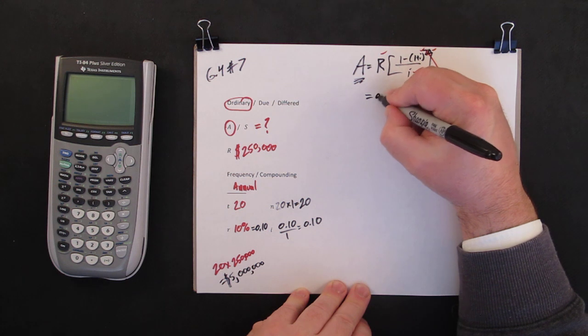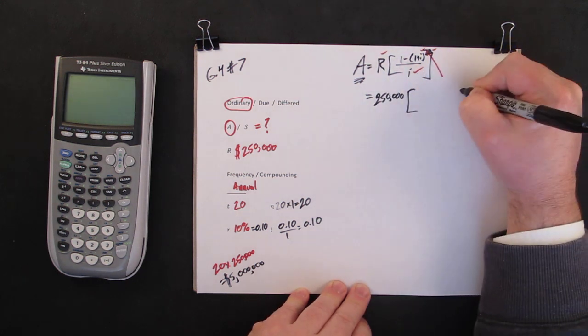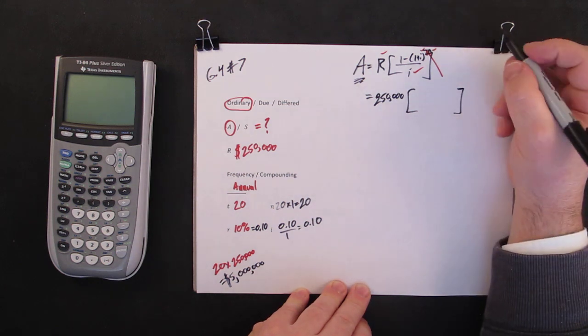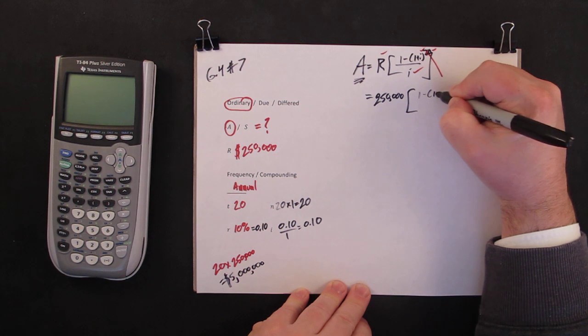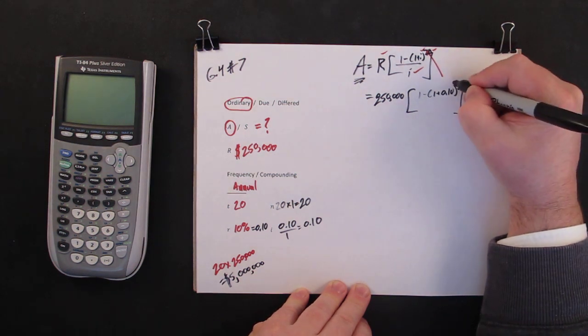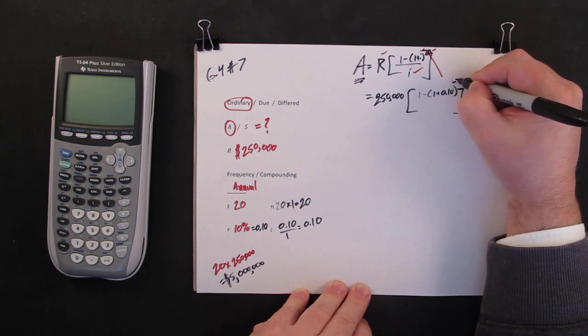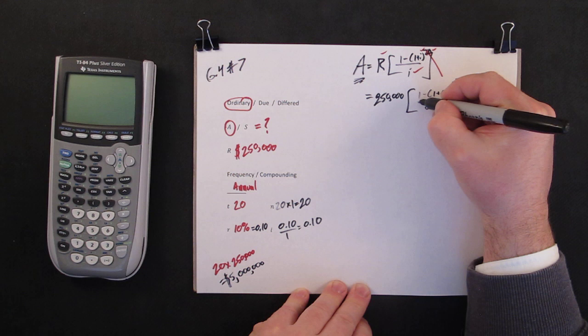So just plug in, evaluate, so 250,000 times this growth factor. Power is okay, negative 20 divided by our period interest rate.